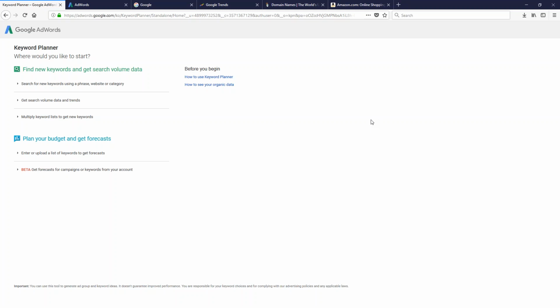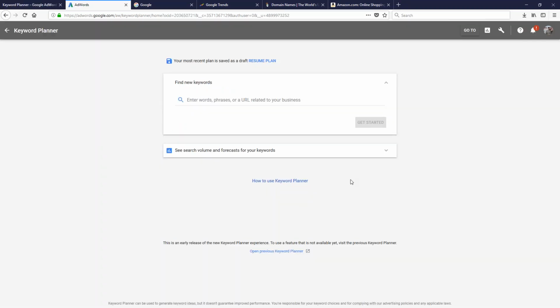Now, with that said, in recent years, there have been a lot of changes with this keyword planner. And in fact, Google is always updating their services. If you're watching these videos, even a year after they're created, chances are Google's going to look different. They're actually in the middle of a redesign right now for the keyword planner, where instead of this entry page, you actually have this entry page.